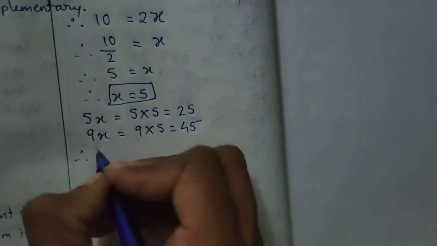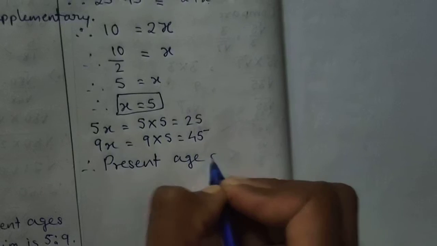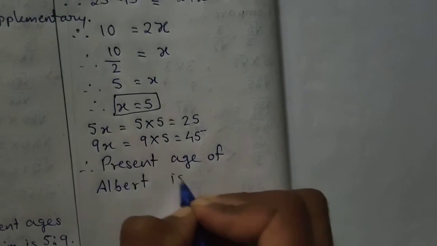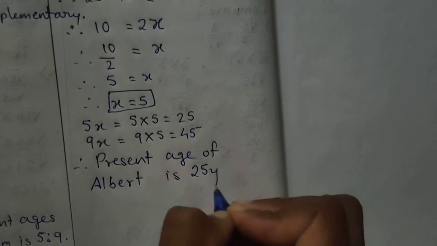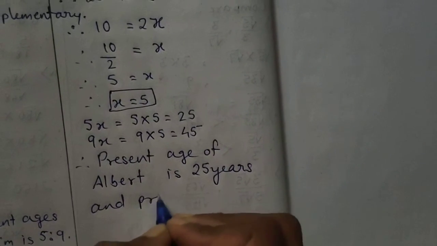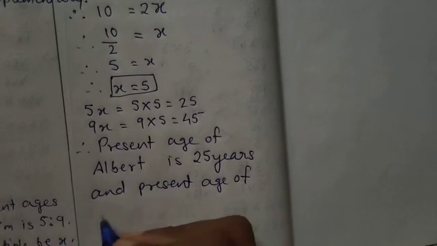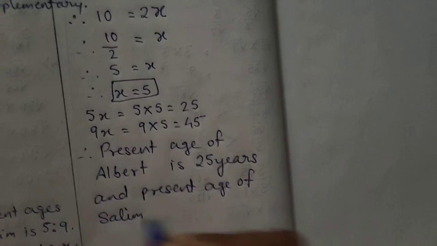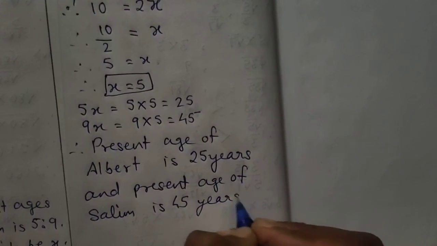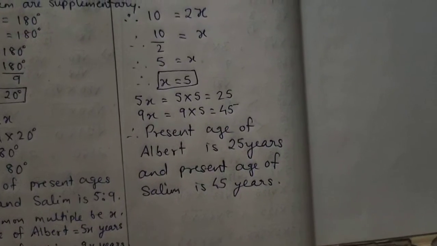So let us write our final answer: present age of Albert is 5x, means 25 years, and present age of Salim is 45 years. Okay, so in this way we have completed the second question.